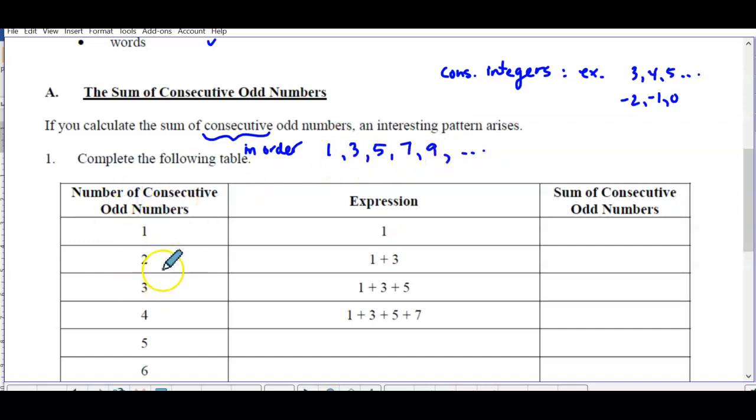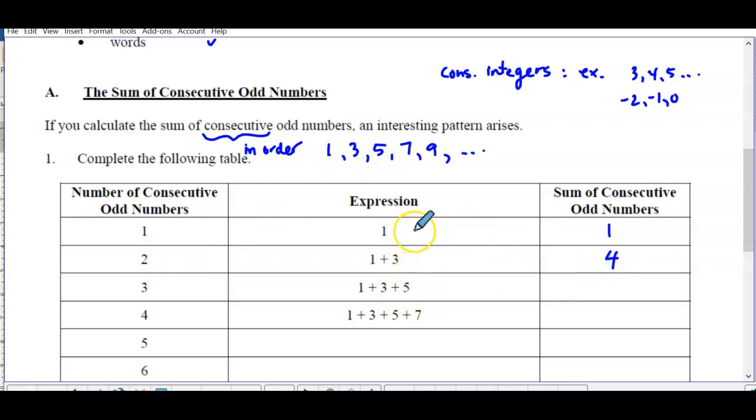In our chart here, it says the number of consecutive odd numbers. These aren't odd, right? 2, 4, 6 aren't odd. This is how many. If we take one consecutive odd number, that's just 1, and the sum of all of those is just 1. But if we have the first 2 consecutive odd numbers, that's 1 plus 3, which is 4.